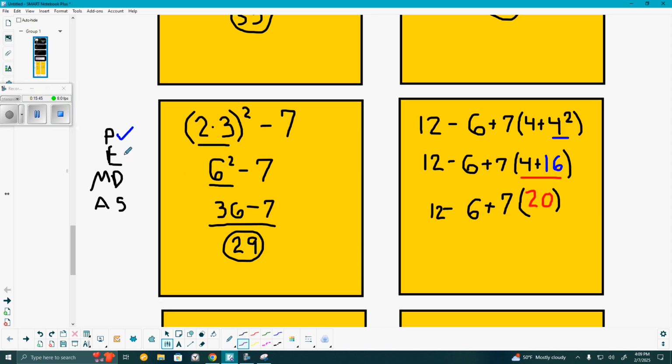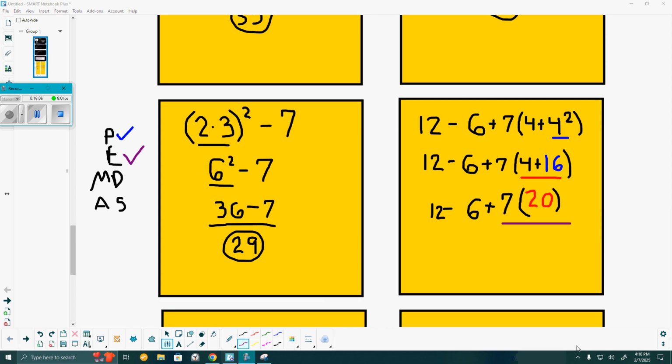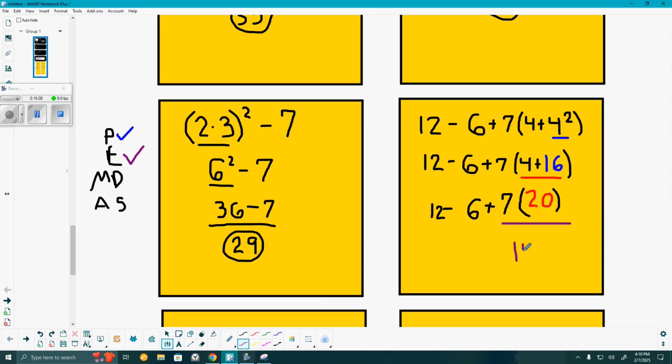I don't have any exponents. Remember, touching means times. So 7 is touching the parentheses 20. So that means 7 times 20. My next step is multiply, divide. All I have here is multiply. 7 times 20, and that equals 140. Everything else just drops down because I haven't used it.